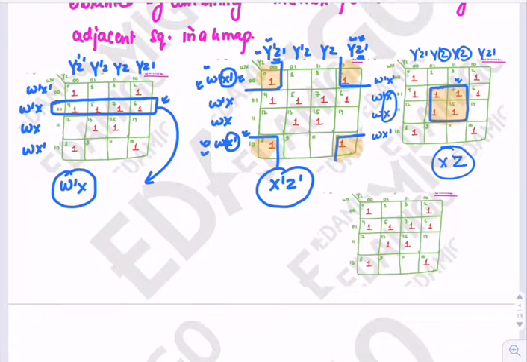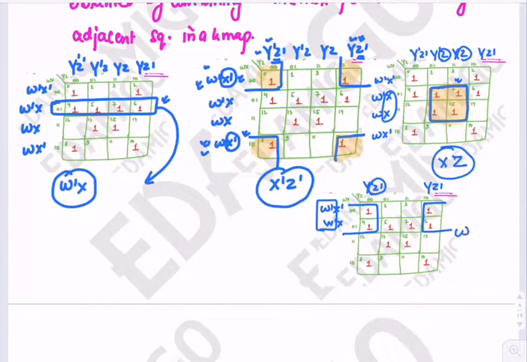There is one more term which we can get by combining these four ones. So this is another prime implicant. So w bar x bar, w bar x, y bar z bar, and the last one is yz bar. In these four terms, w bar is not changing and z bar is not changing.